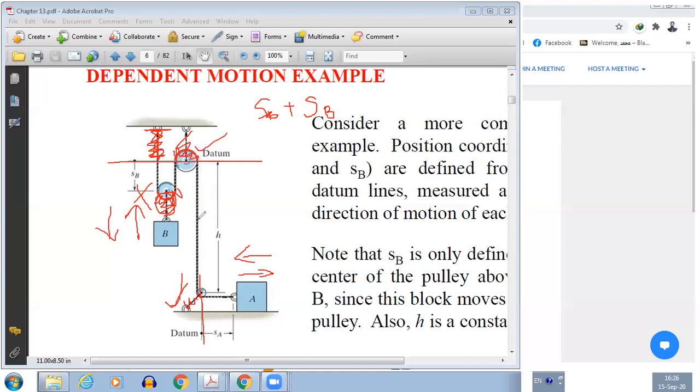Then you have this height H. But the height H is also constant, because it is between this pulley and that one, and both pulleys are fixed, so this length is not going to change. Let's also ignore it. Then you have a constant passing through this pulley, ignore it. And then you have this length, let's call this SA, so plus SA.